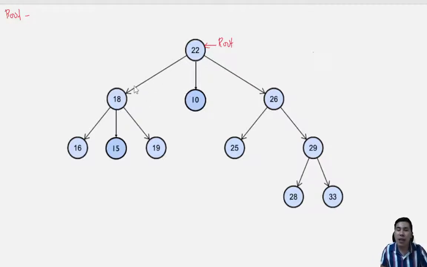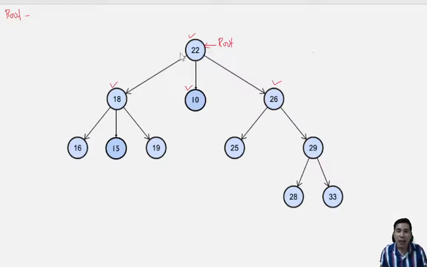Now, let's talk about the edge. What is an edge? An edge is the link between two nodes. This root is considered a node, this one is a node, this one is a node, and this one is also a node.